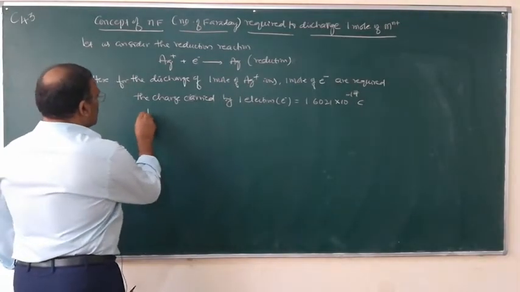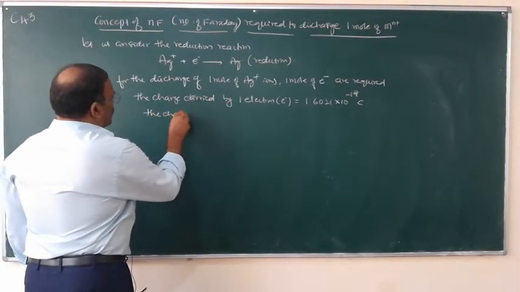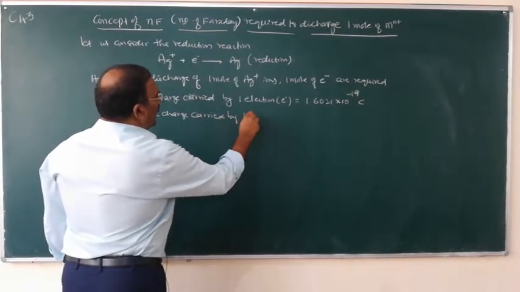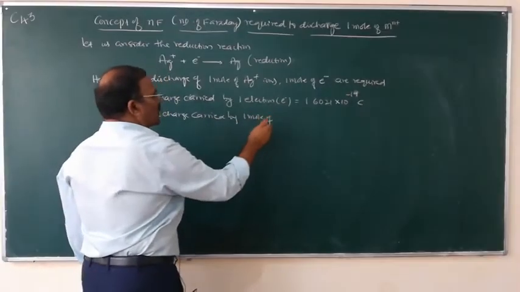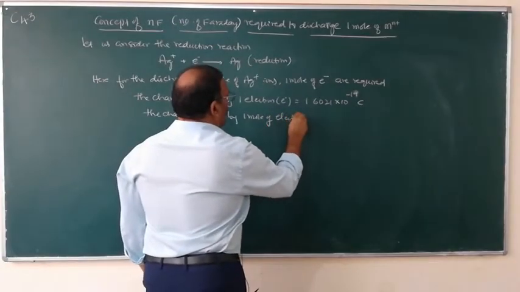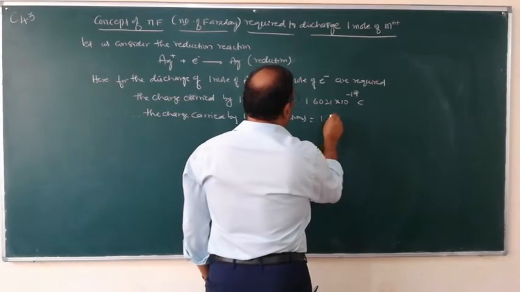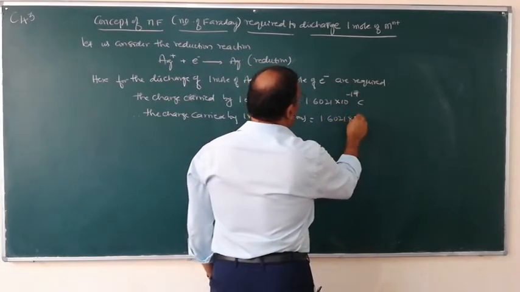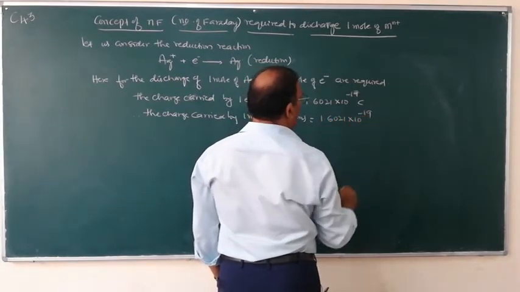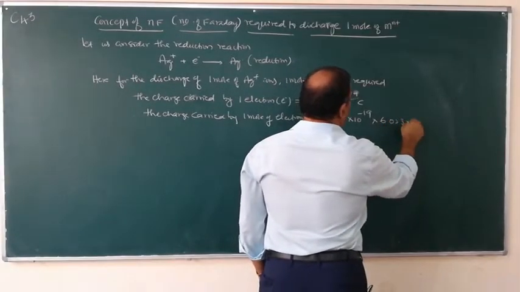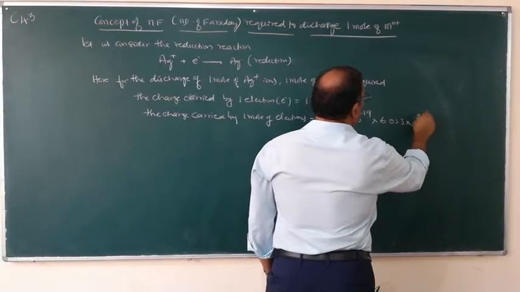Therefore, the charge carried by 1 mole of electrons is equal to 1.6021 into 10 to the power of minus 19 into 6.023 into 10 to the power of 23.